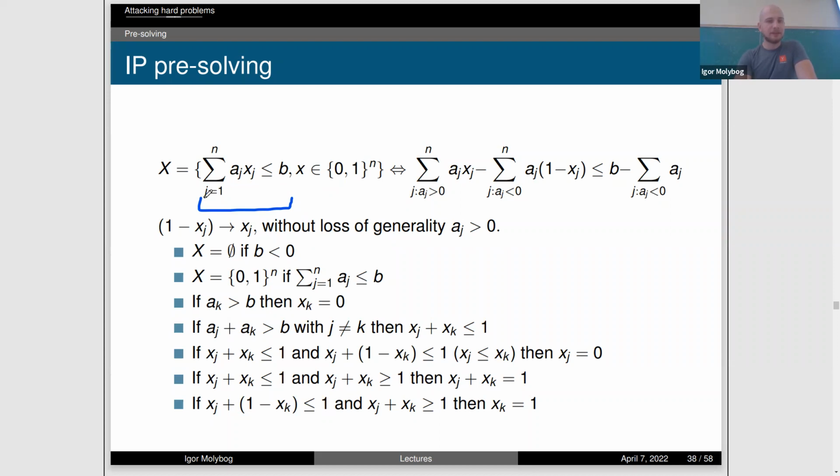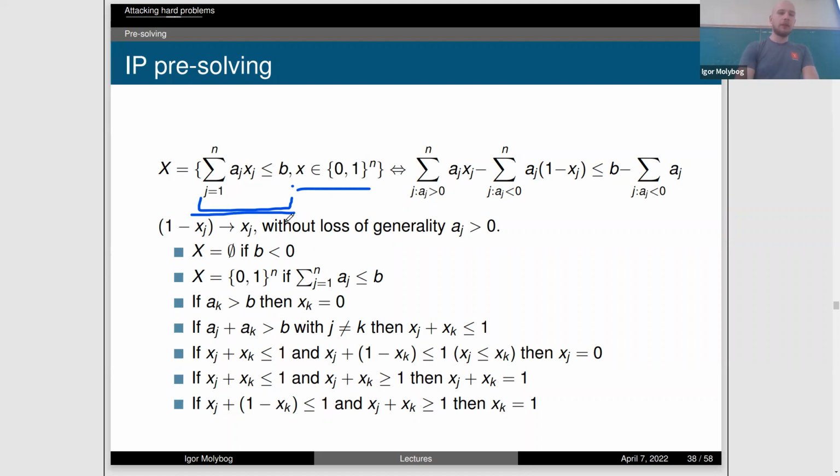Let's say that it consists of a single inequality. Everything here is just numbers. All of the coefficients are just numbers, and we are talking about binary variables, but it's just for simplicity of understanding. It doesn't have to be binary at all in general.